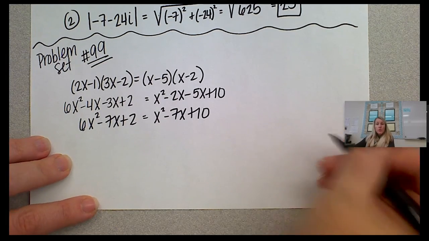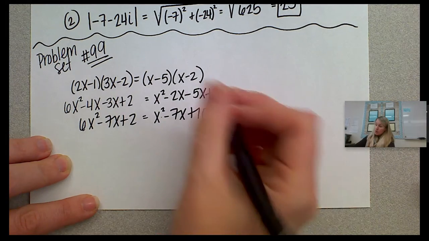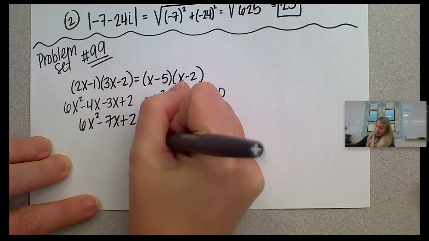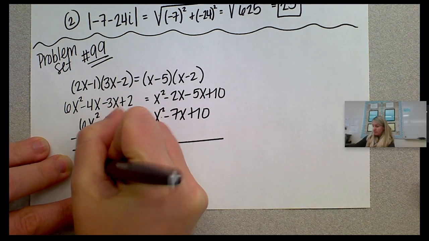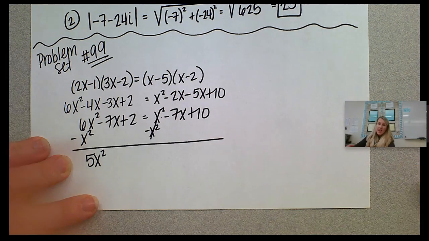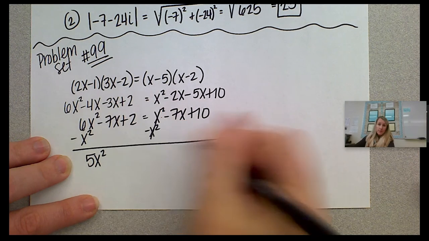Delightful. Now, when you're solving with square roots, you want your x squared, your quadratic terms, on the same side. So I'm going to move this x squared over here, and we'll get 5x squared. Perfect. And basically I want anything else on the other side. I really do want to isolate that x squared. So anything else on this left side, I'm going to move to the right.